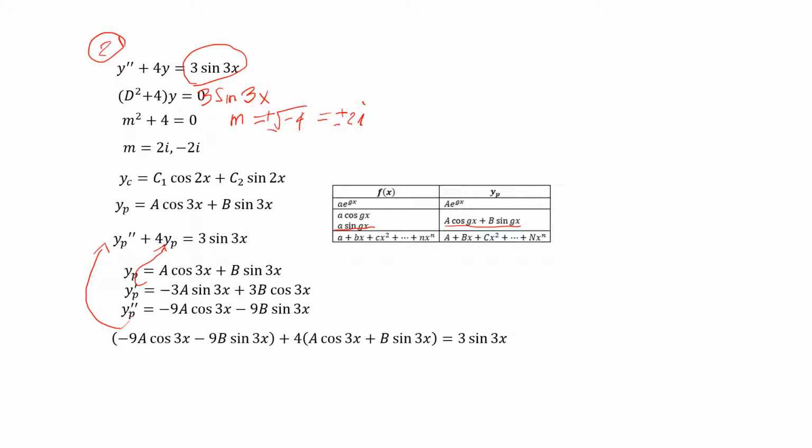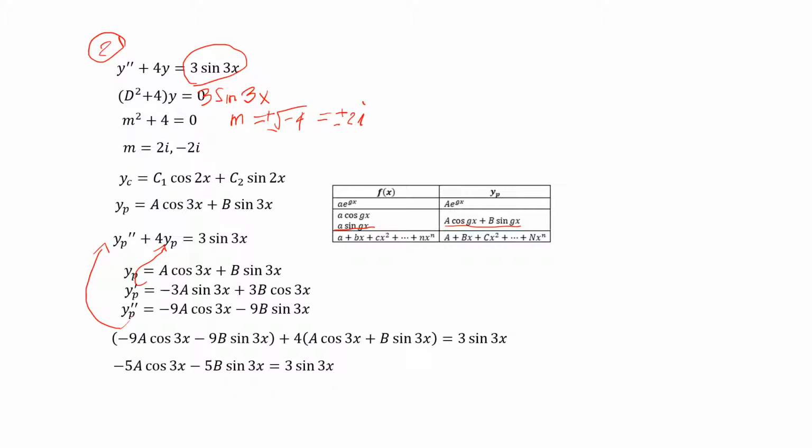So the resulting equation will give you, with y p double prime, negative 9a cosine 3x minus 9b sine 3x, plus 4 times y p, which is a cosine 3x plus b sine 3x, equals 3 sine 3x. Then simplify: negative 9 plus 4 gives negative 5a, and negative 9 plus 4 gives negative 5b sine 3x equals 3 sine 3x.